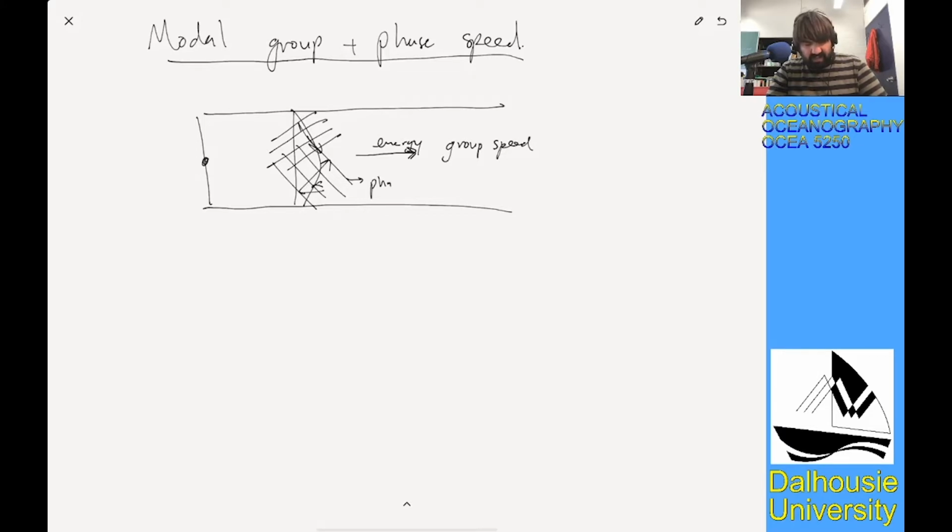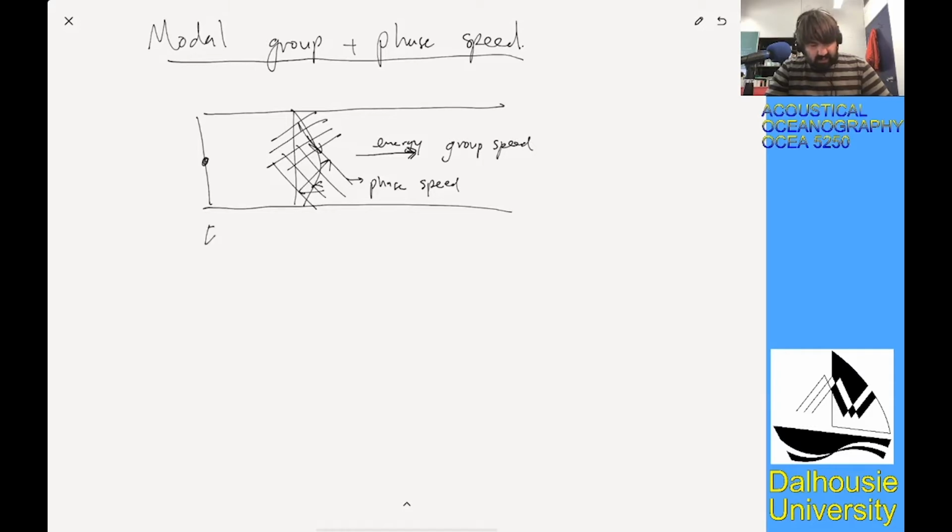This particular phase of the plane wave. And of course it has a speed c, which is 1500 meters per second, the speed at which the wave travels through the medium. Okay, so what are the relationships between all these things? Well, let's look at that in a little bit more detail.